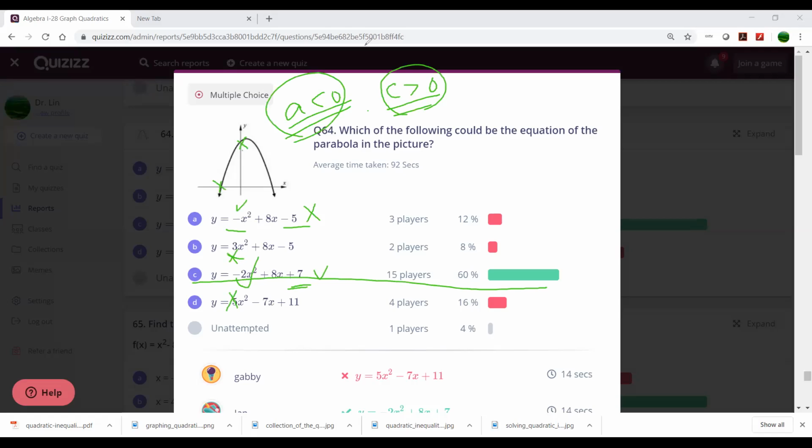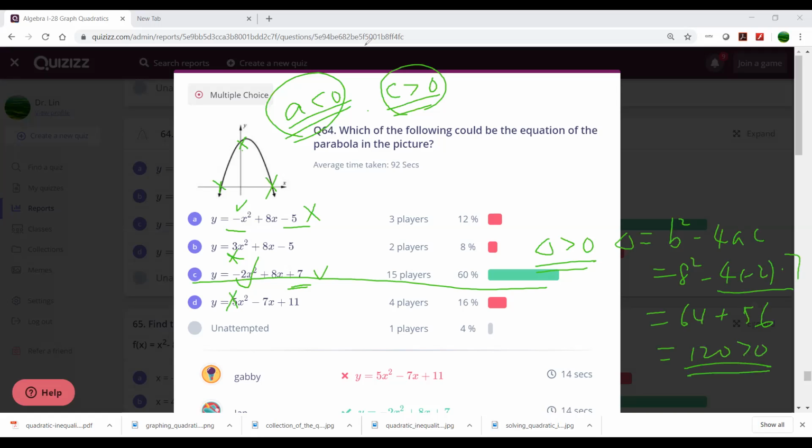All right, double confirm. This has 2 x-intercepts, which means the discriminant should be greater than 0. We double check the discriminant here: b squared minus 4ac, right? b squared equals 8 squared, 4a is negative 2, c is 7. So here 64 plus 56 equals 120, greater than 0.